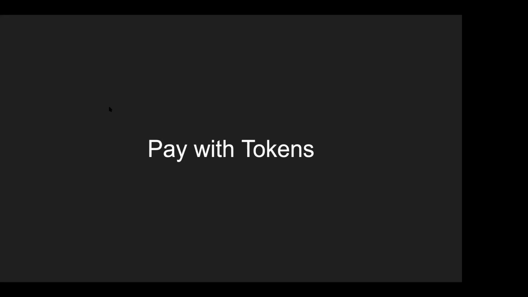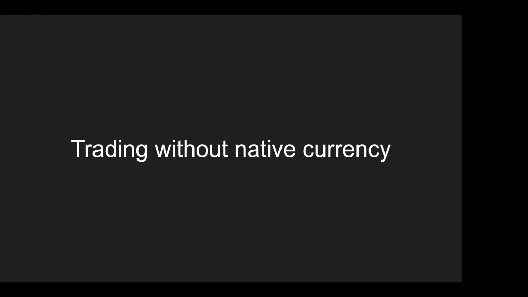You do not need to have ETH stored in your account to transact. As mentioned before, you can trade without native currency. So for example, you can use Uniswap. If they're willing to sponsor your transaction, you can use any other DApp if they're willing to sponsor users' operations.